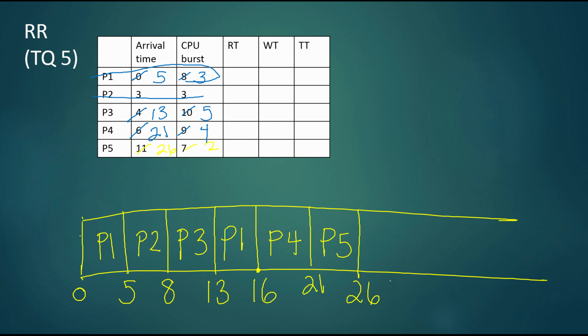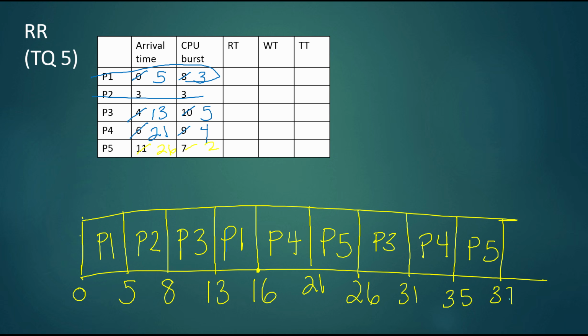Now the current time is 26, and we have P3, P4, and P5, so now it's pretty simple to just run them in that order. P3 got there at time 13 and has 5 time units left. P4 has 4 time units left, and P5 has 2 time units left.